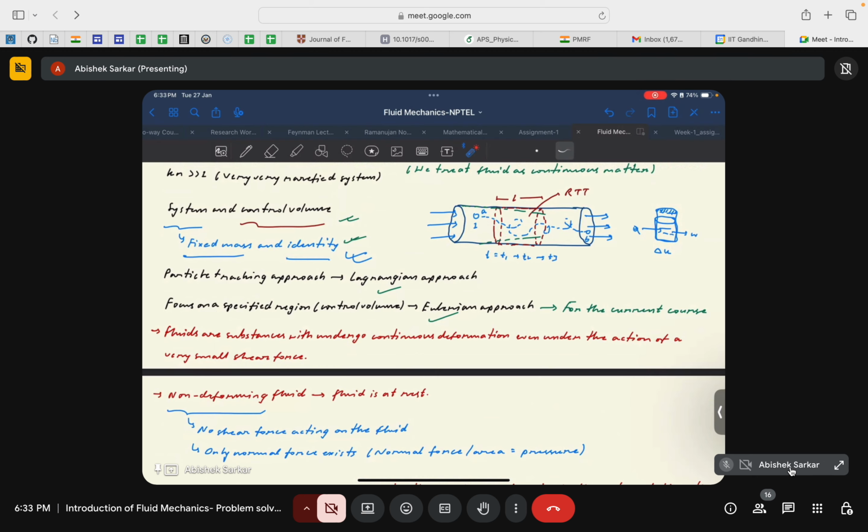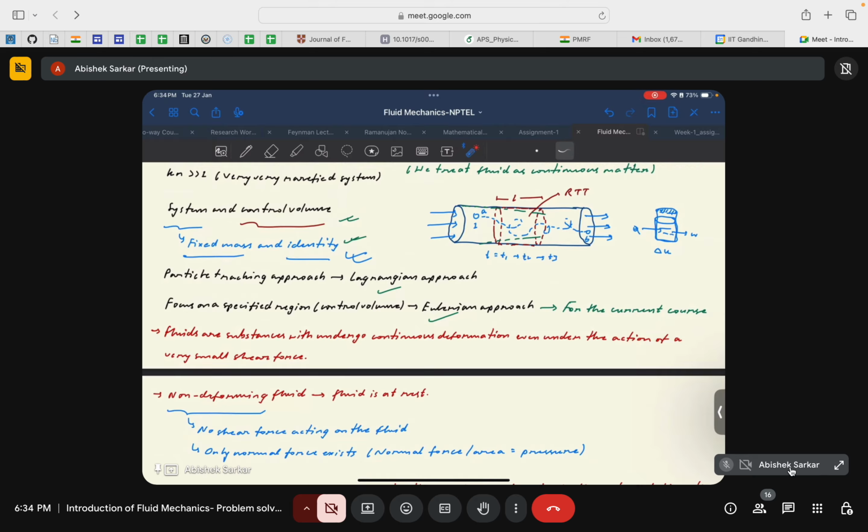Like, what are the distinctions that may arise when the fluid is at rest or when the fluid is in motion? You will eventually see that the types of forces that exist on the fluid increase when the fluid is in motion.